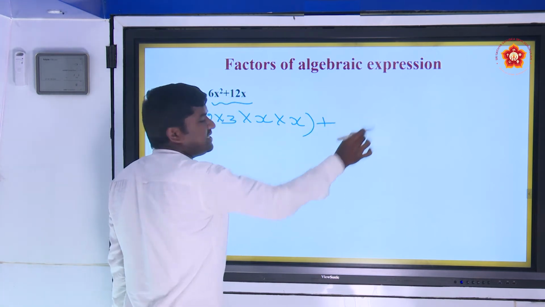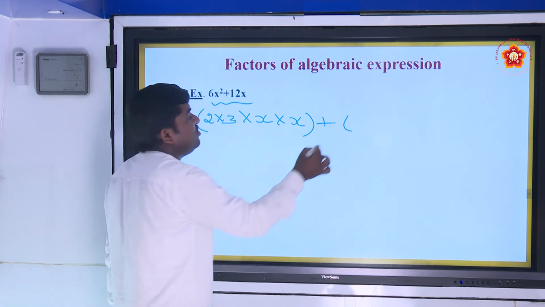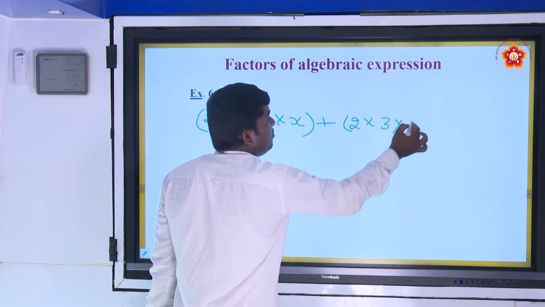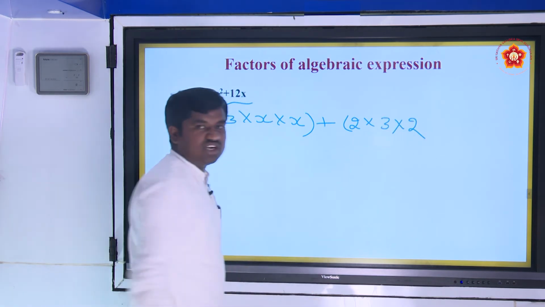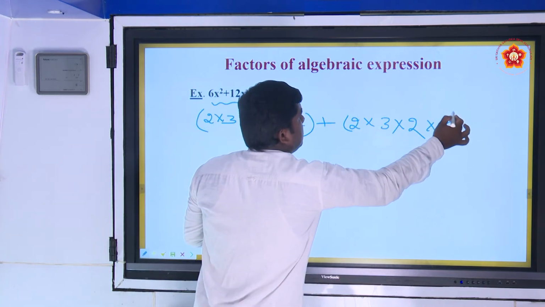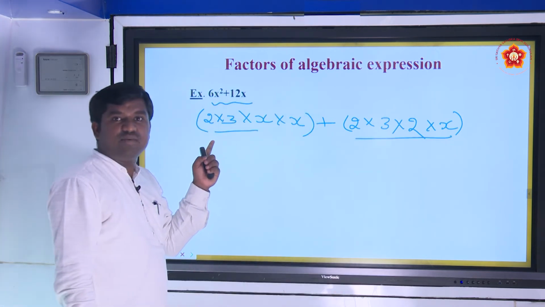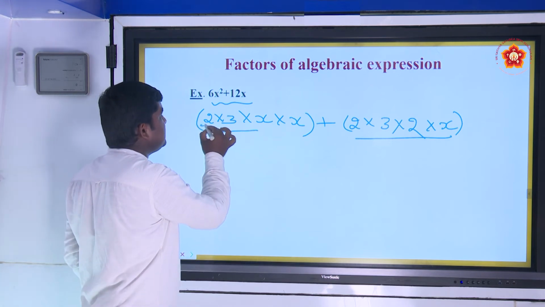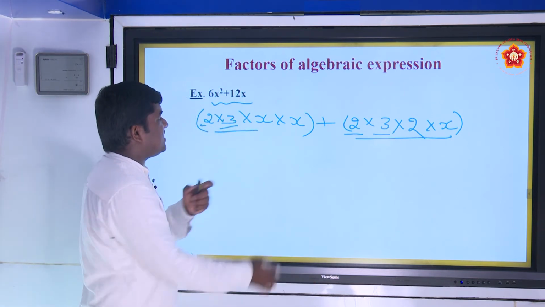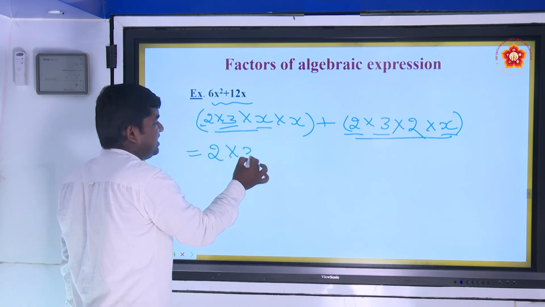Next, plus, and 12x can be written as 2 into 3 into 2 into x: 2 threes are 6, 6 twos are 12. These are prime factors of 12, into x. Which is common in these two? Observe: 2 is here, 2 is also here; 3 is here, 3 is also here; x is here, x is also here. So the common factor can be written as 2 into 3 into x.